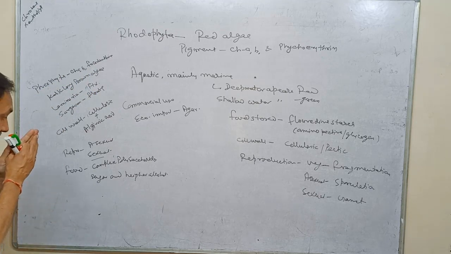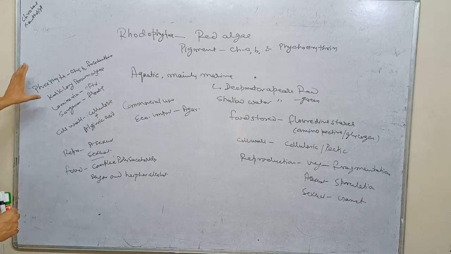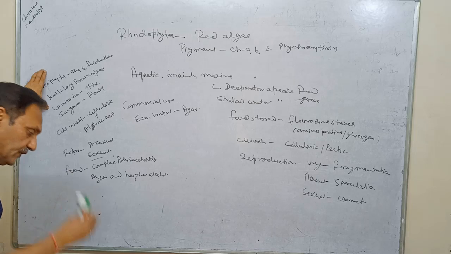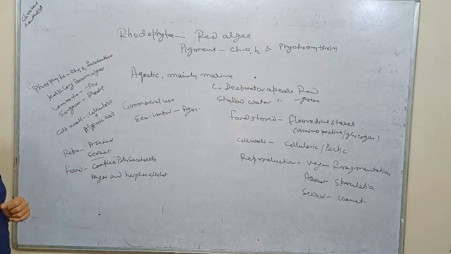And its size is very long, like 20 meters, 30 meters. It has been observed that certain brown algae are fixed to the bottom with the help of a holdfast, and the rest of the part is green, and they include Laminaria.